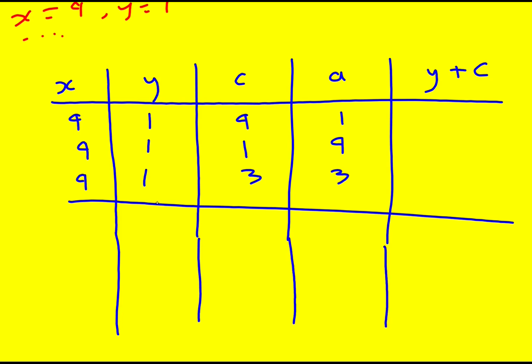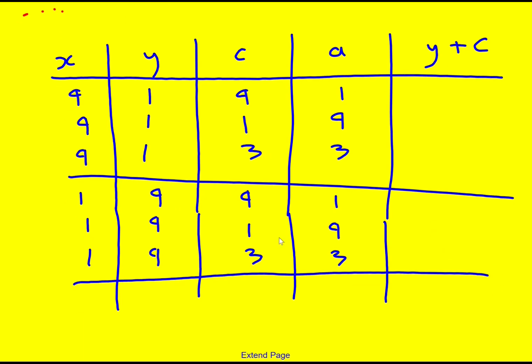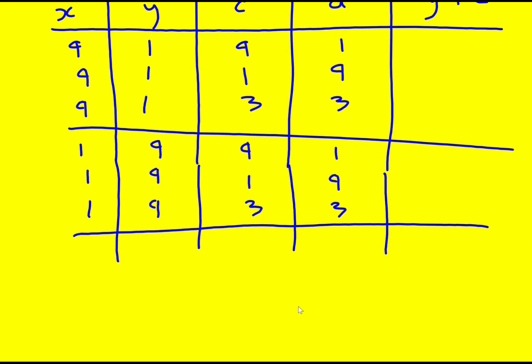I could do exactly the same again, but this time 1, 9, and then 3, 3 as well. It's quite a nice way of just writing down all your solutions in one go.